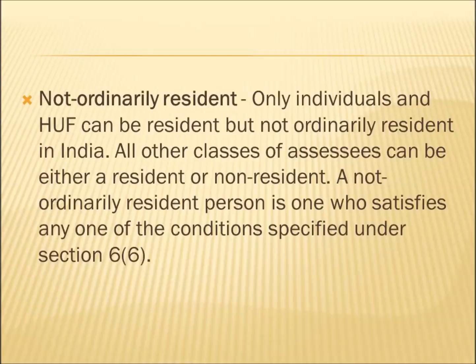If they are fulfilled or not fulfilled, then accordingly they will be classified as resident or non-resident. But in case of individuals and HUF, we further need to classify whether they are ordinarily resident or not ordinarily resident. So let us see what are the conditions specified under section 6(6) for being not ordinarily resident.